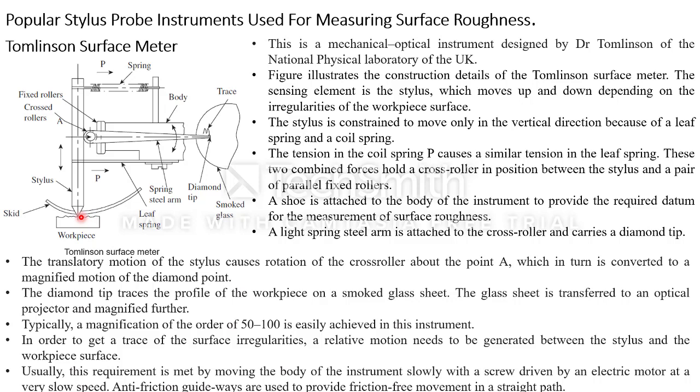By the motion of the stylus in vertical or translation motion, the movement is transferred to this crossed roller or the cylinder, and through the arm, whose motion is also restricted only to horizontal motion by a leaf spring and also by a coil spring.